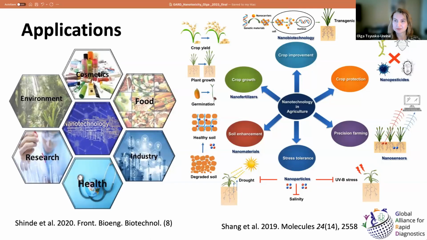He already touched upon applications for biosensors, for medical applications and drug delivery. We have environmental applications. This is just an example of applications of nanotechnology in agriculture.